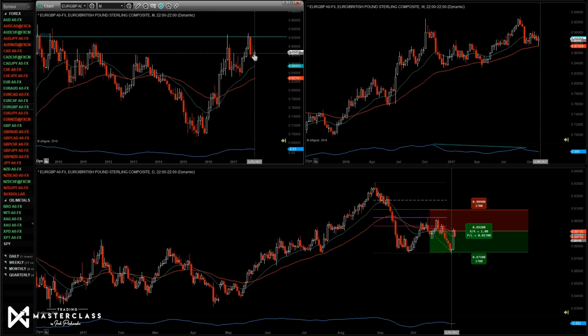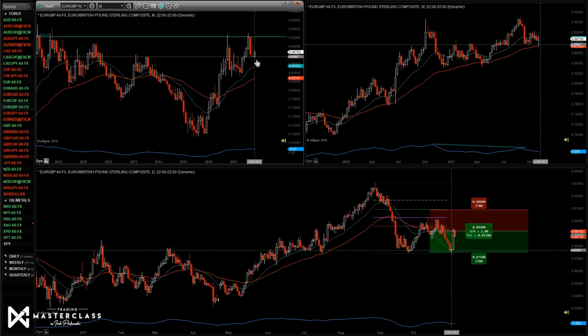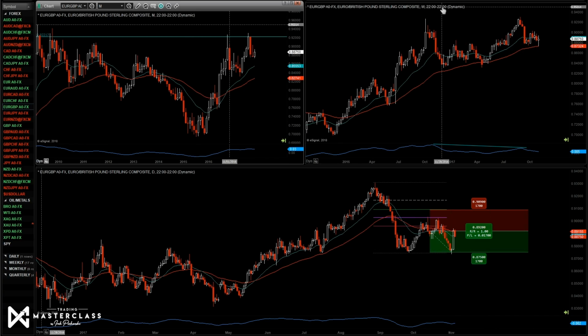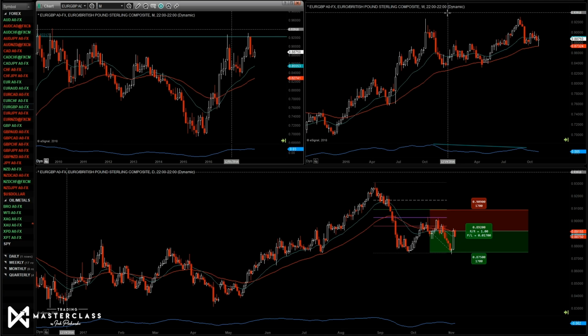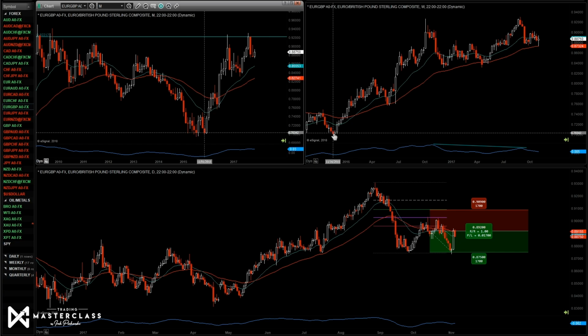So the higher time frame has the rejection, has the candlestick formation. You're targeting the pullback in this case. The weekly time frame in this case should have a little bit more development, trend-wise. So what do we have here? Let's talk about Elliott waves.